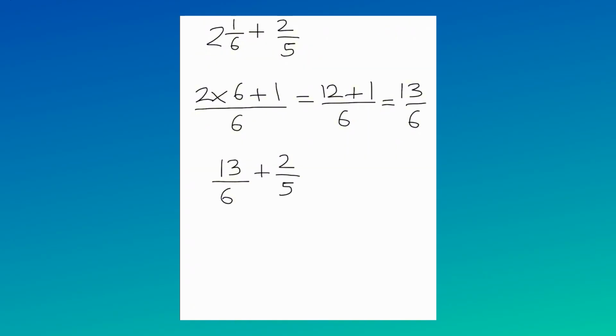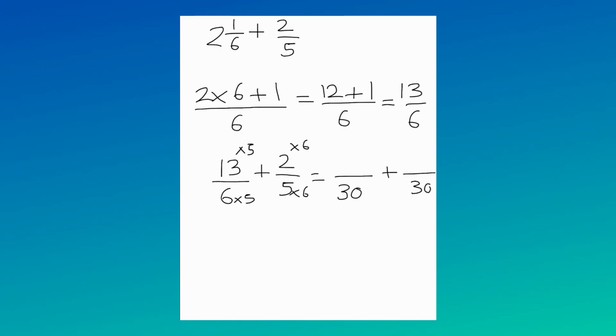Now I need to make my denominators the same. So I'm going to make my denominators 30 because I know that 6 times 5 is 30 and 5 times 6 is 30. Now remember, when we multiply the denominators by a factor, we must multiply the numerators by the same factor to keep the fractions equivalent.